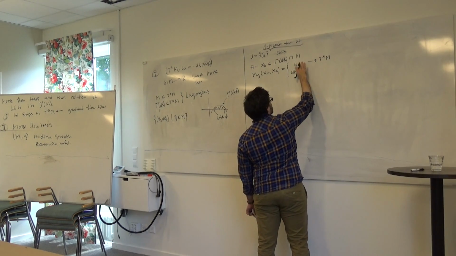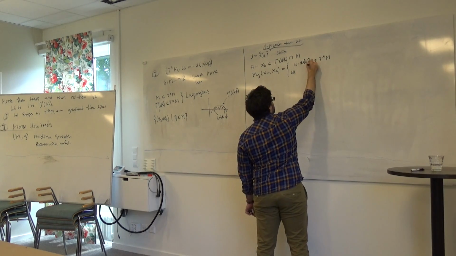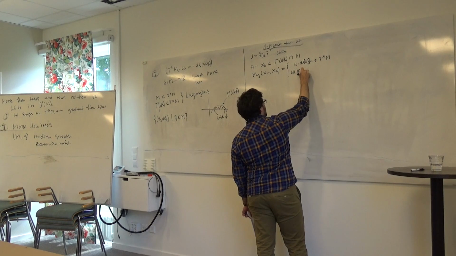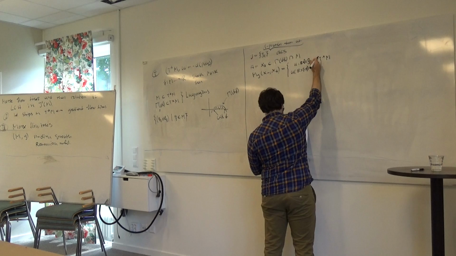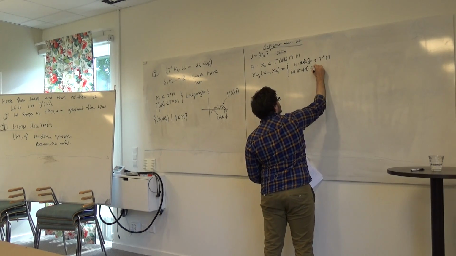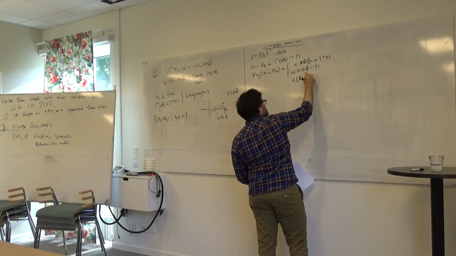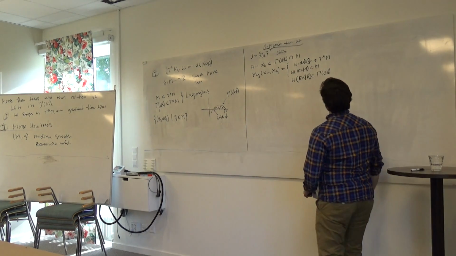Sorry, not the disk. I'm considering the trivial strip. So the first part of the boundary maps into the zero section, and the other part of the boundary maps into the graph of the gradient.